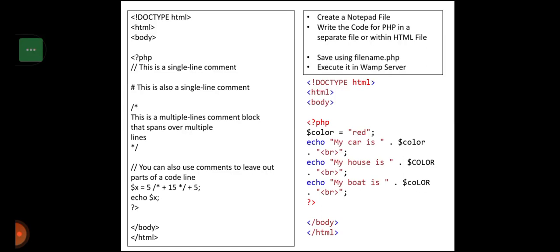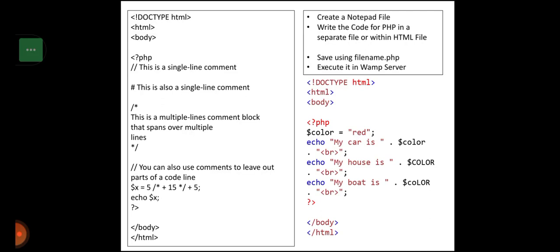Third, we are declaring it with both small letters as well as capital letters. While you are executing, you will get my car is red color. But the other variables are declared in a different form. That is capital letters. The third one is both small letters as well as capital letters.